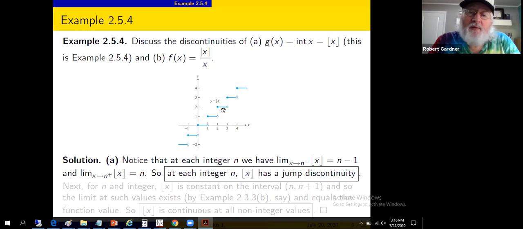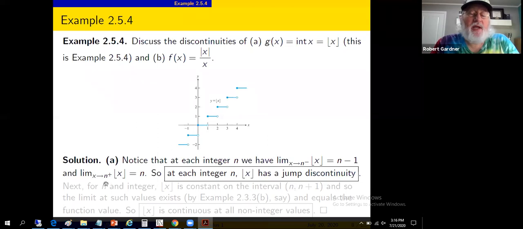Those give us 2. I did that wrong; it'd be like n minus 1 plus 0.999. Probably better to take specific numbers. What happens? Things get rounded down. Since x is strictly less than n, the rounding down function will produce the value n minus 1.